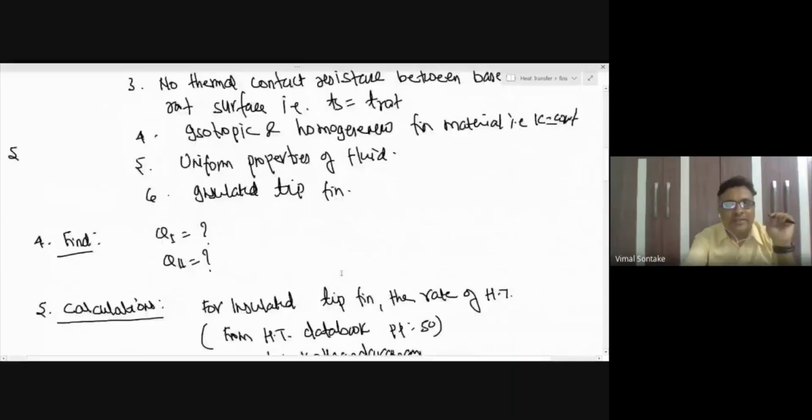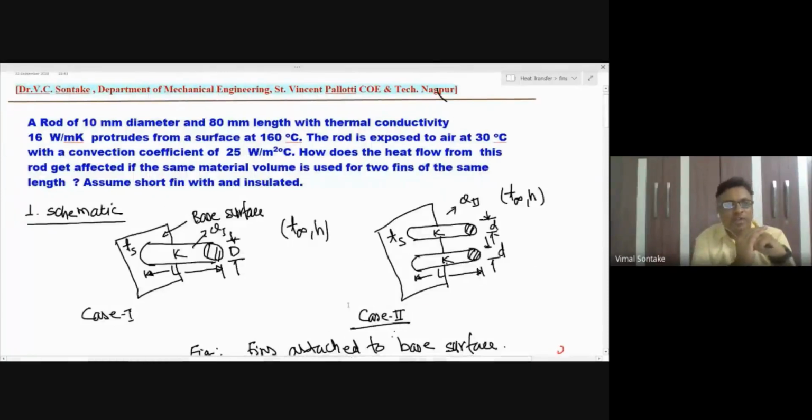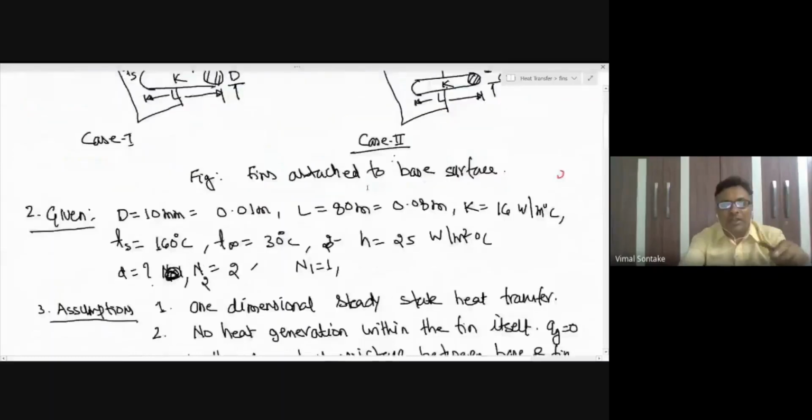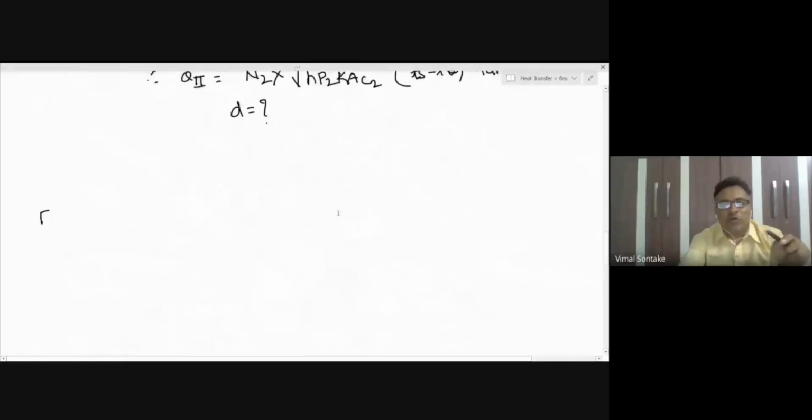What the problem is saying, how does the heat flow from this rod get affected if the same material volume is used for two fins of the same length? What does that mean? The volume of the larger fin is equal to volume of two number of fins.